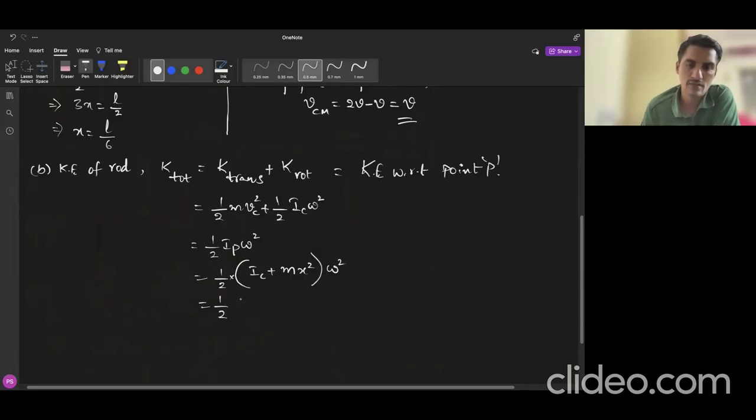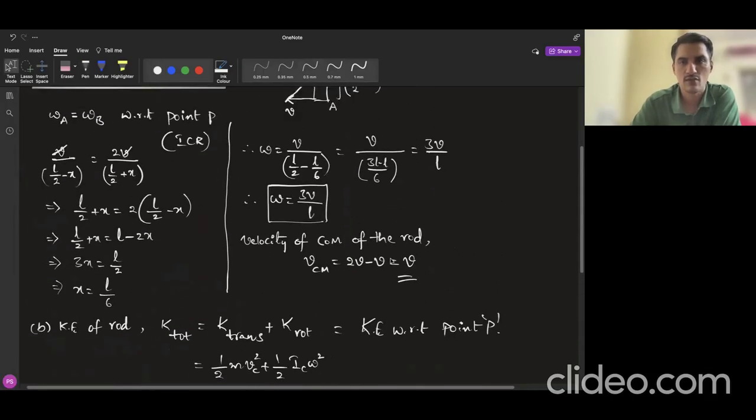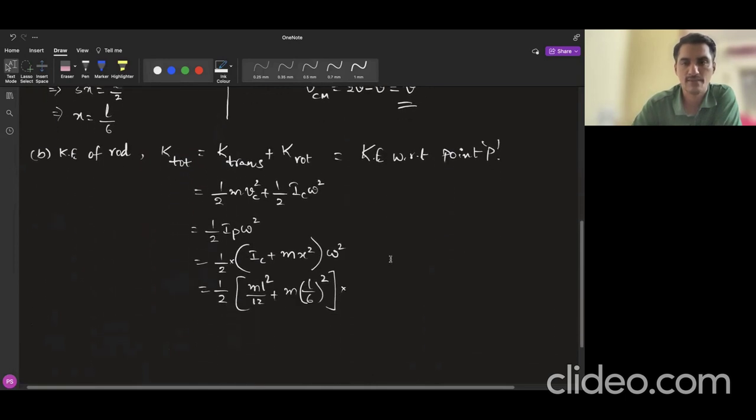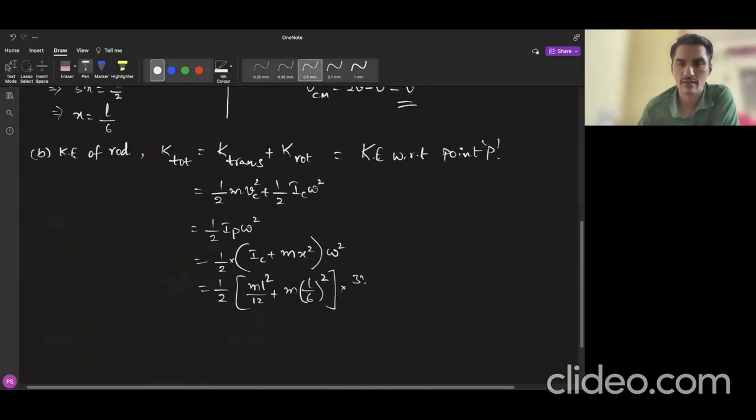Half into what is IC? ml square by 12 plus m into x value, already we have got, that is L by 6 whole square, into omega square. We have got omega square as 3v by L, 3v by L whole square.